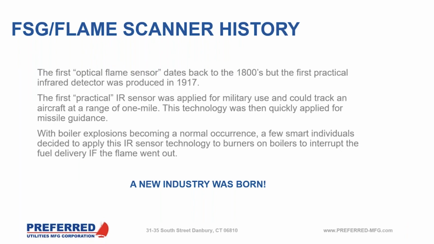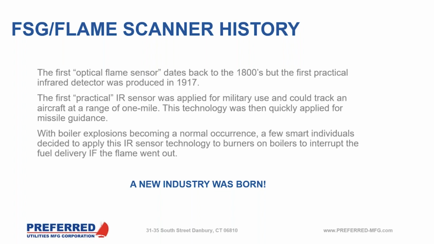If you look at the flame scanner history, and you do some real research, you'll find that the optical flame sensor really dates back to the 1800s. But the first practical infrared detector was really produced in 1917.